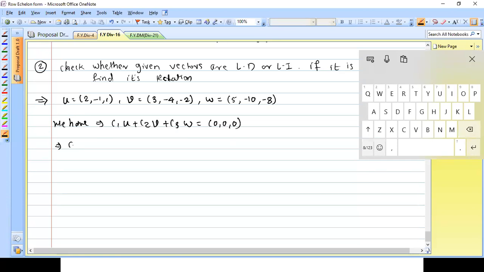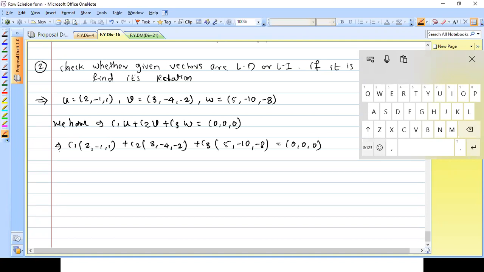C1 times U, which is 2, -1, 1, plus C2 times V, which is 3, -4, -2, plus C3 times W, which is 5, -10, -8, equal to 0, 0, 0.